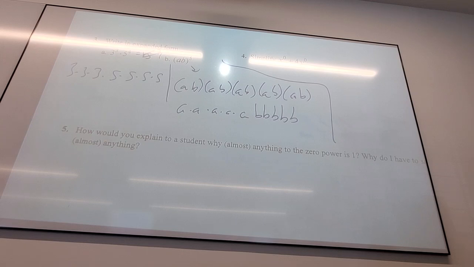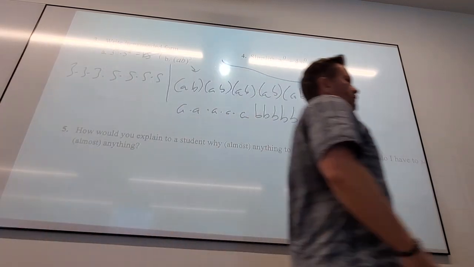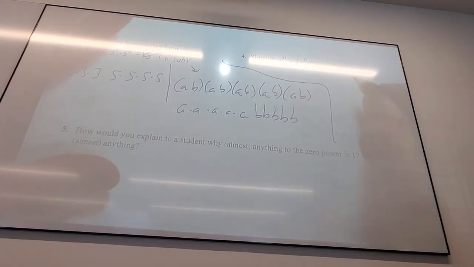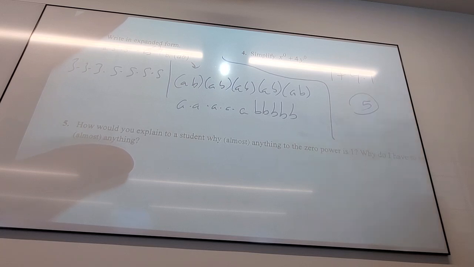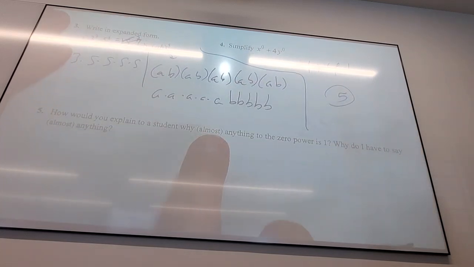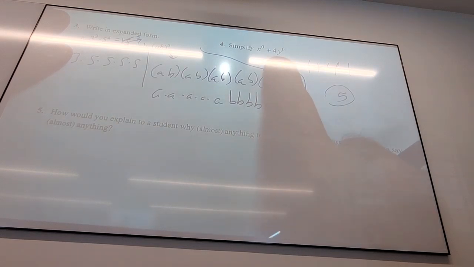So X to the 0 is 1. Y to the 0 is 1, so 1 plus 4 is 5. And in anticipation of this problem, we're always assuming the variable is not 0. Otherwise, this wouldn't be true.